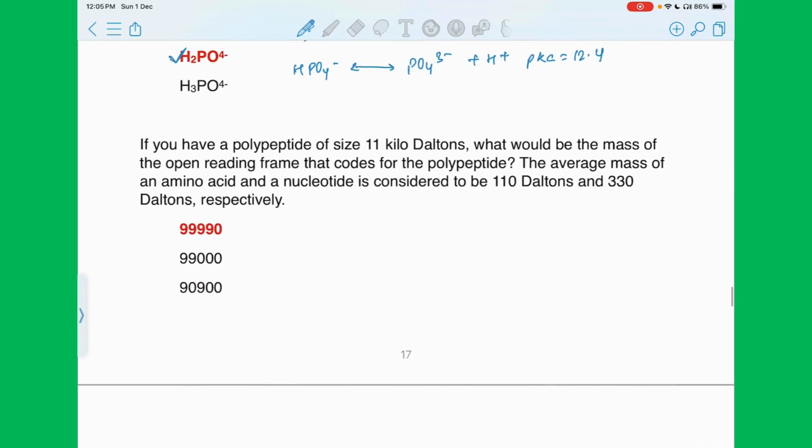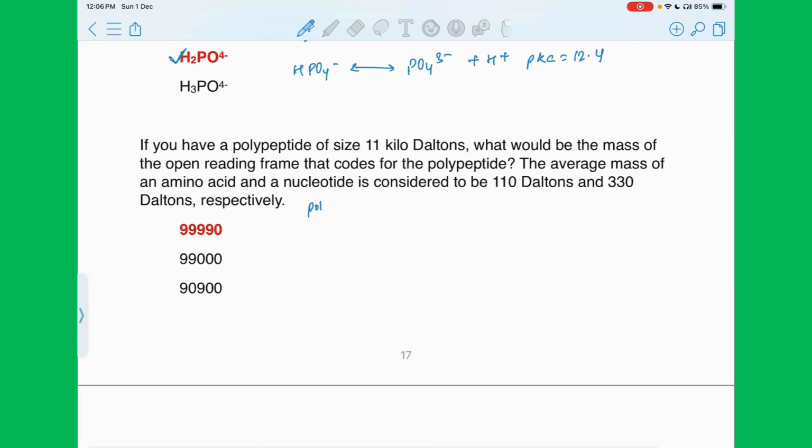Let's take another question. If you have a polypeptide of size 11 kilodaltons, what would be the mass of the open reading frame that codes for the polypeptide? The average mass of an amino acid and a nucleotide is considered to be 110 daltons and 330 daltons respectively. Okay, let's see what the given things are.